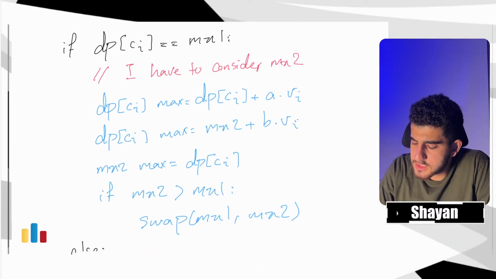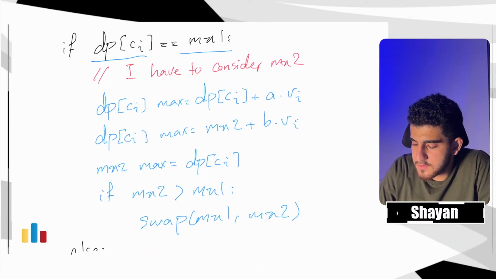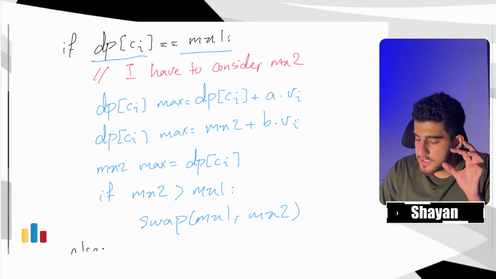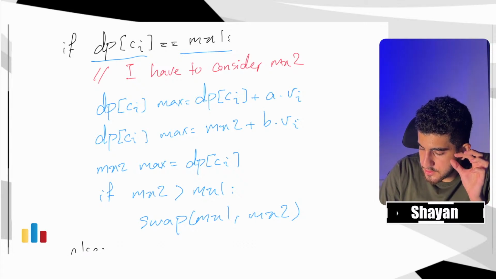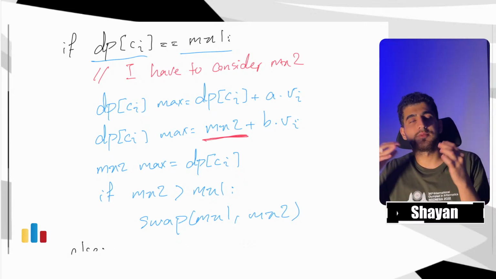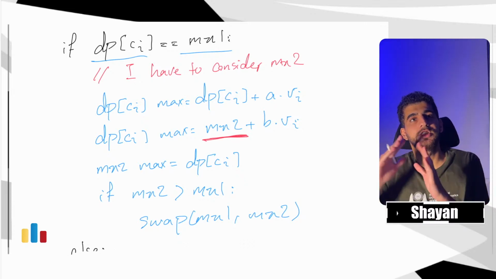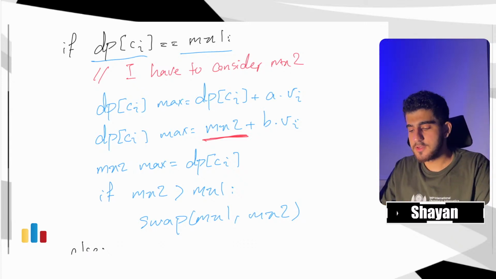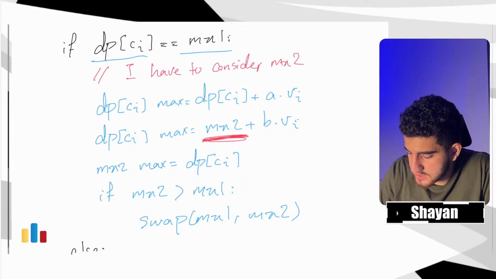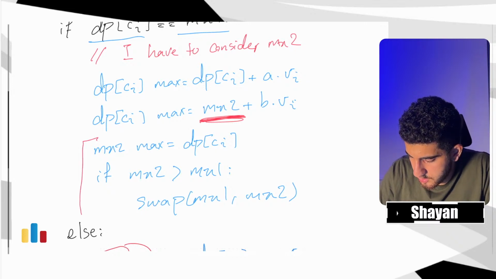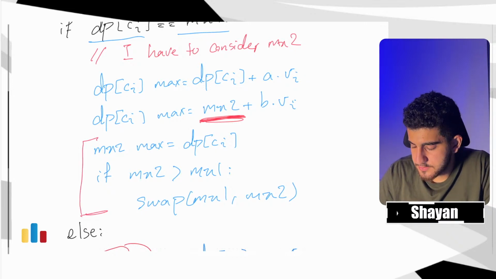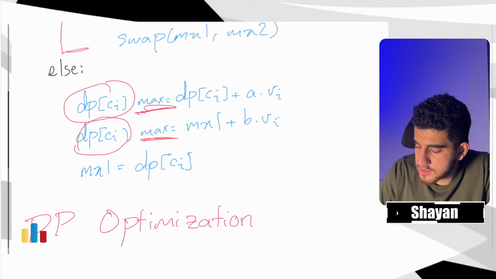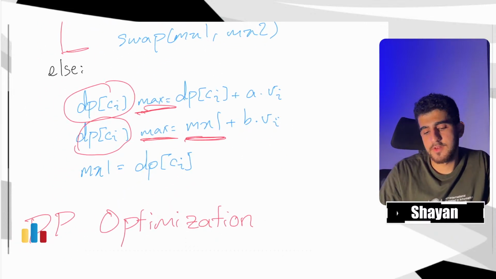In this case I say that if dp of Ci was equal to mx1, then I know that the first maximum is for dp of Ci. So I need to consider the second maximum here, because second maximum is the maximum of all the elements not equal to Ci, all the different colors. So I need to consider mx2 in this case, and I will also update mx2. And in this case, if it is not equal to mx1, it must be updated from mx1, and I will update mx1.